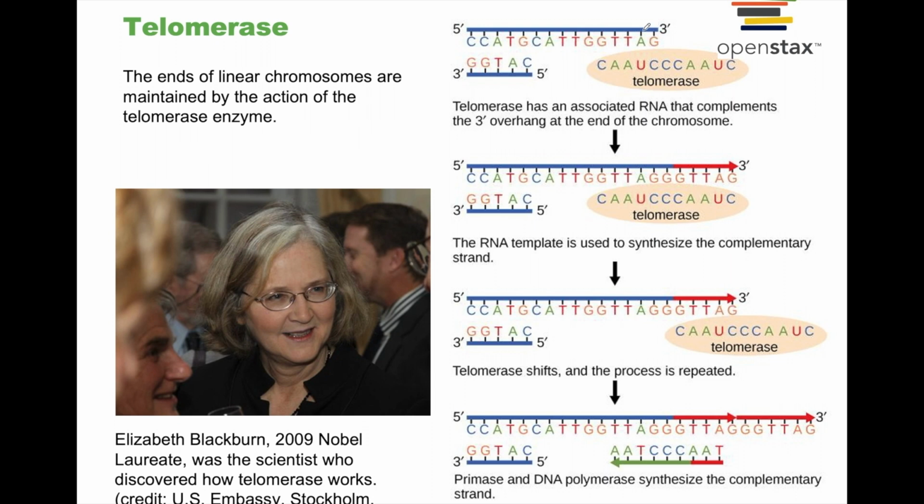So once this end becomes long enough, then that allows the DNA polymerase to come and fill the gap. That's the job of this enzyme telomerase. It rescues the ends of our chromosomes from becoming ever so shorter every time the DNA is replicated.